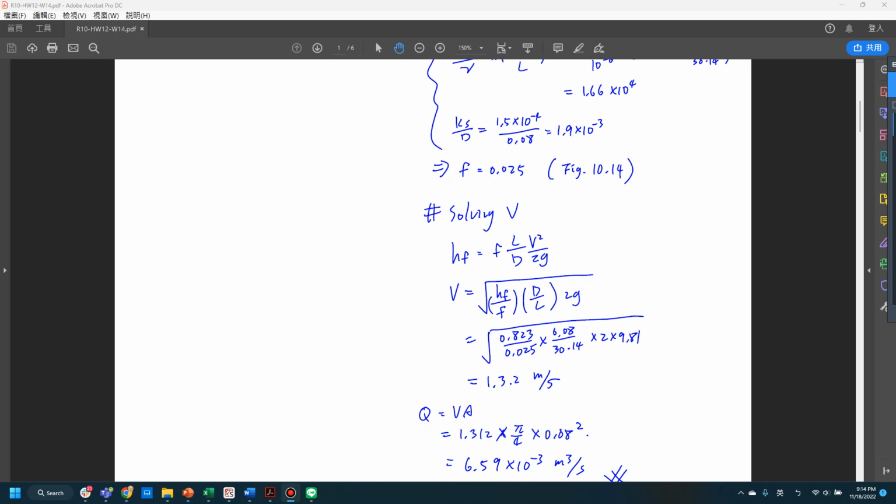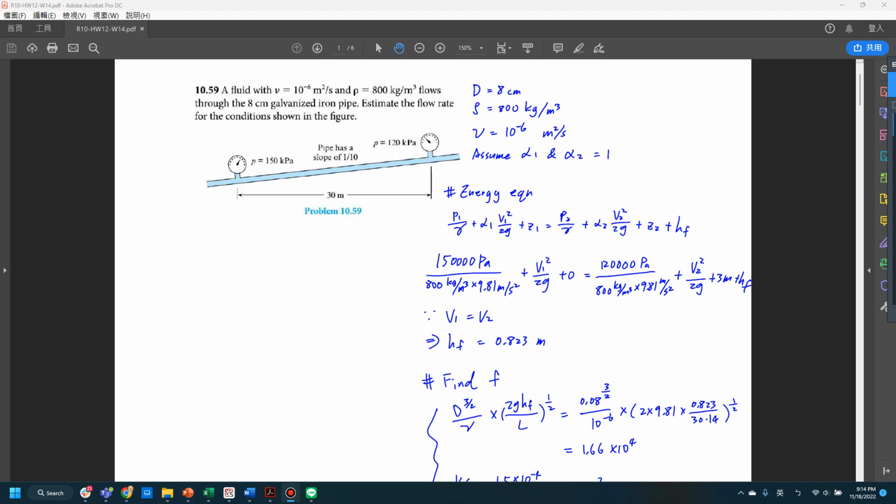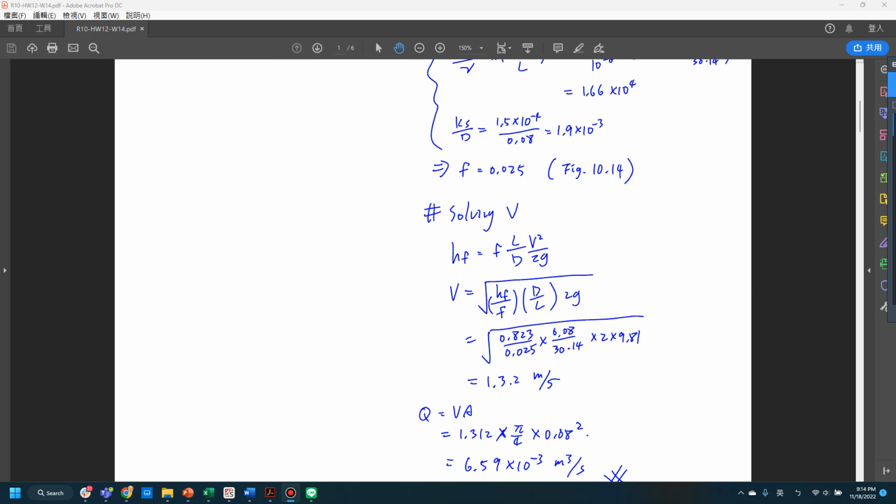After that, you simply plug in all the numbers that we solved in previous steps and the information of this pipeline into this equation, and then you can solve the velocity, which is equal to 1.312.